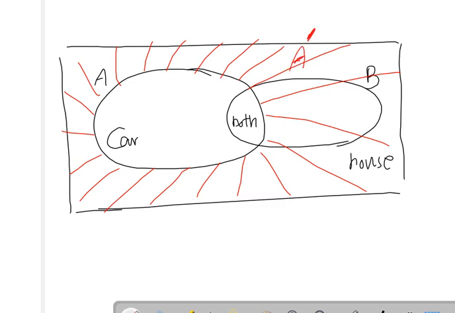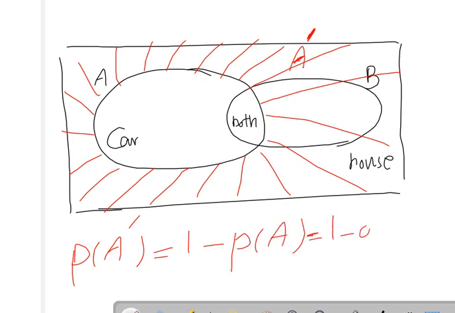So again, the probability of A prime is 1 minus the probability of A. A is 60%, so 40% of the population doesn't have any car.